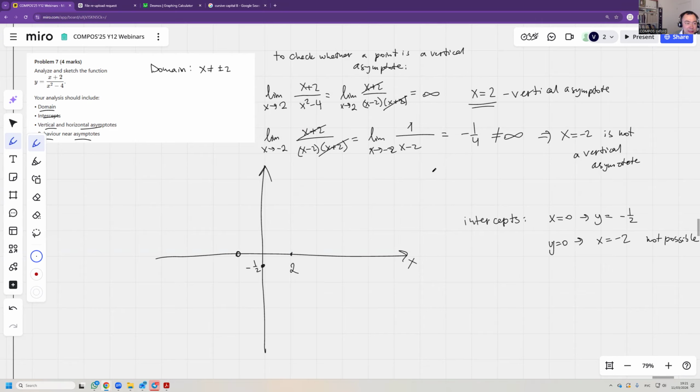We know that as x tends to -2, it's -1/4. So this point: we know the limit as x tends to -2 is -1/4, but the point itself is undefined. And then this is a vertical asymptote.